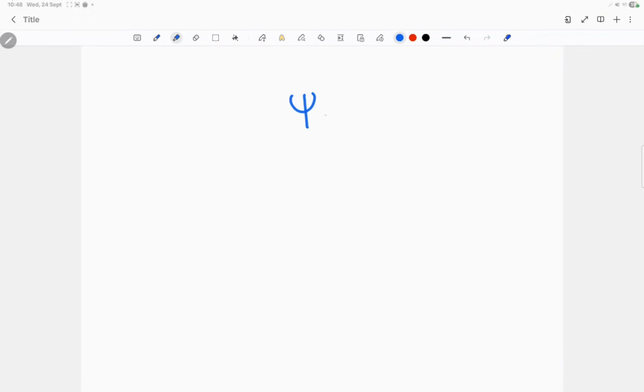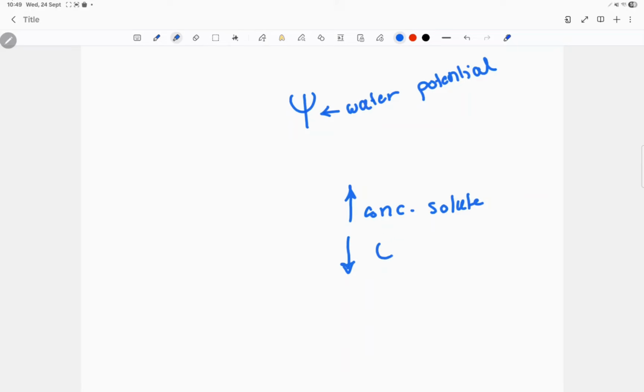This is called water potential. It's the amount of water in a certain area. And if you increase the concentration of the solute, you will lower the water potential. They will always go opposite to each other.